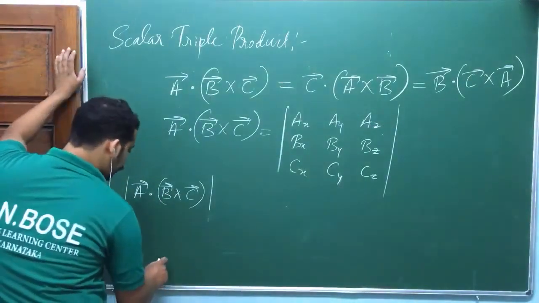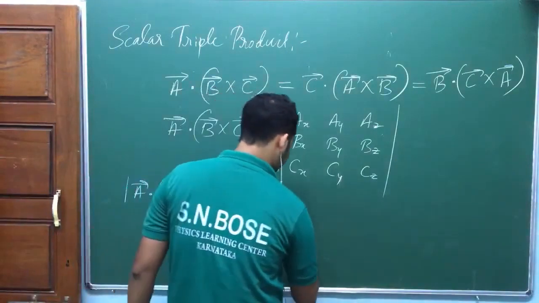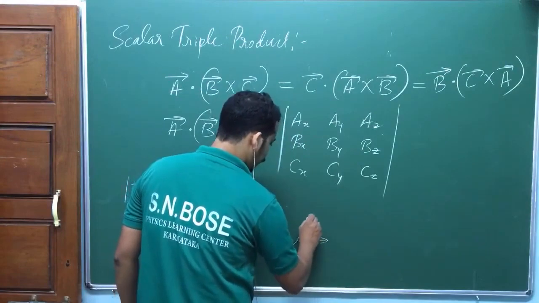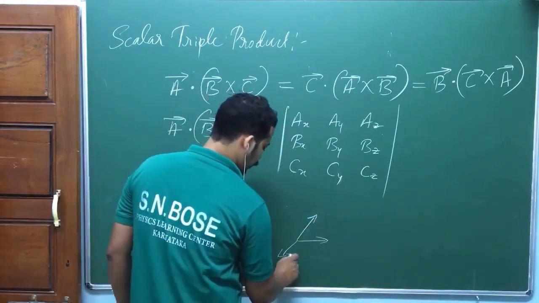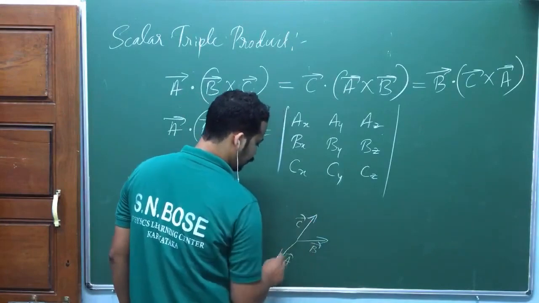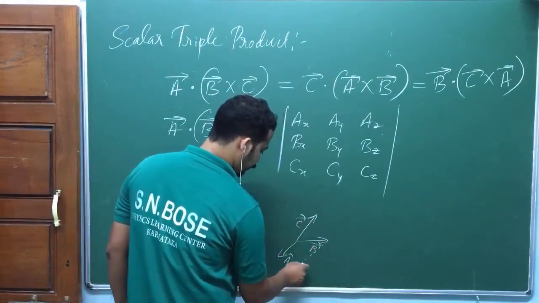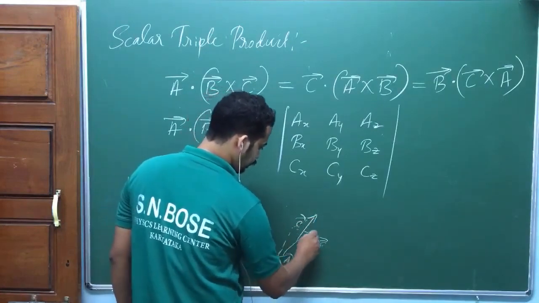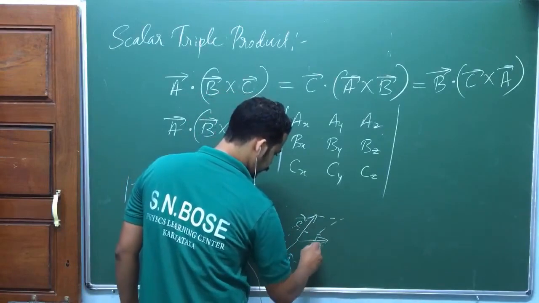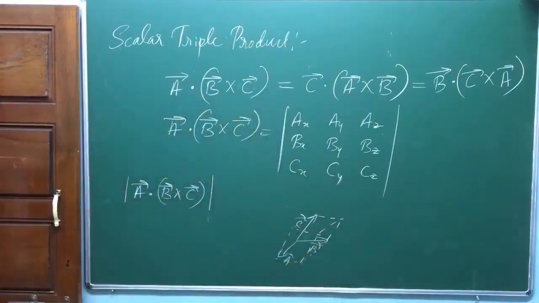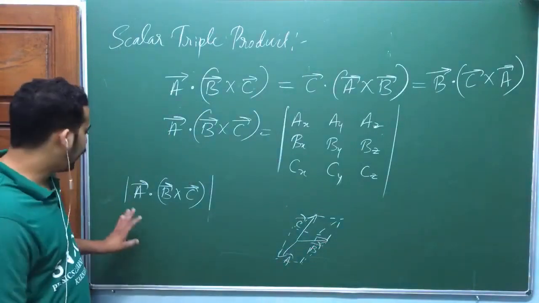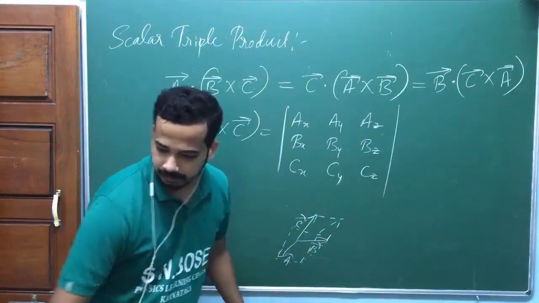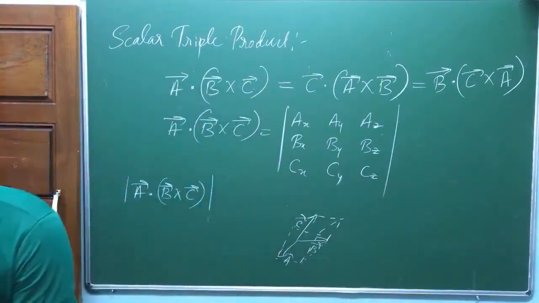Suppose you have one vector here, another vector here, and a third vector here. Is that okay? A here, B here, C here. You can form a parallelepiped using them. And the magnitude of the scalar triple product is equal to the volume of the parallelepiped, or let me draw it like this.